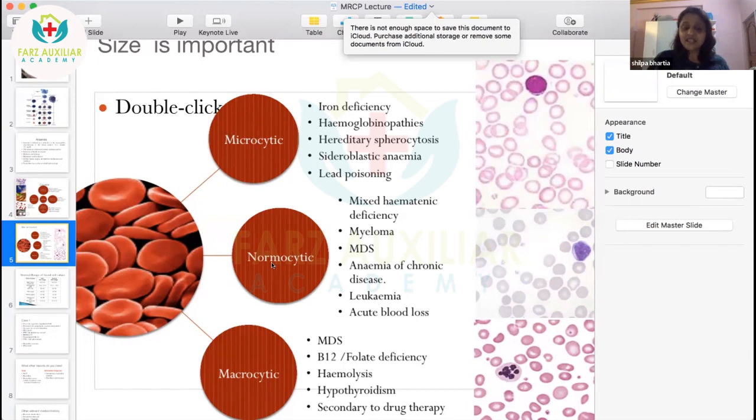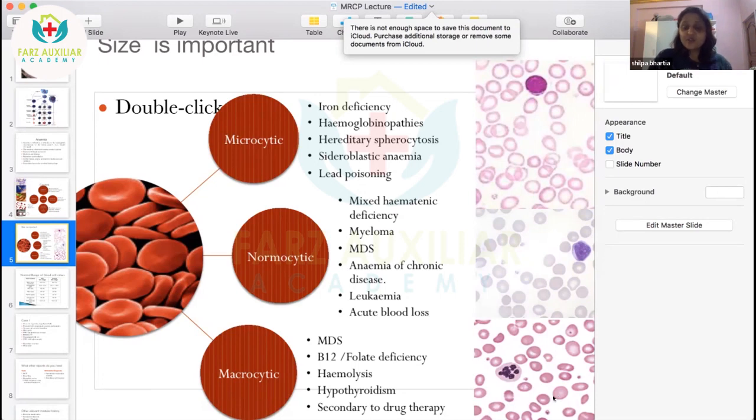The causes are slightly different, but very important to see is people who have got mixed hematinic deficiency. That means they've got severe iron deficiency and also B12 deficiency. So if they don't eat anything, they're going to have a dual deficiency. What happens? You have some cells that are microcytic and some cells that are macrocytic.